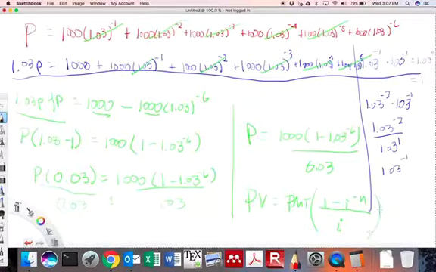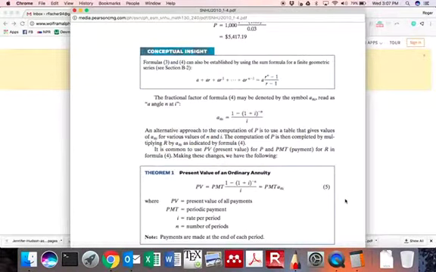And then you can put these brackets here if you like to remind yourself. The order of operations also gives it to you. But that is where the present value of an ordinary annuity formula comes from.